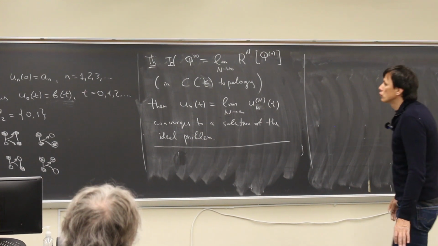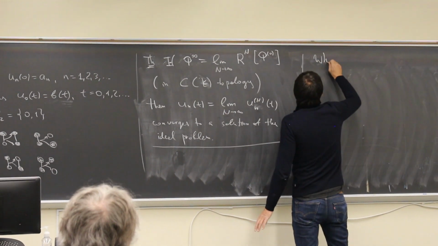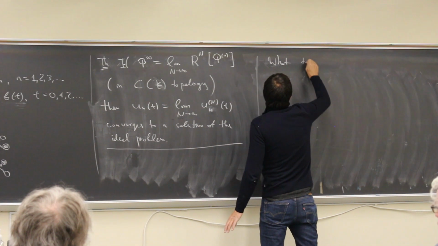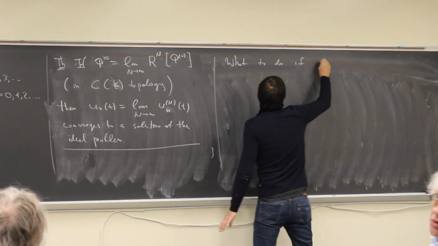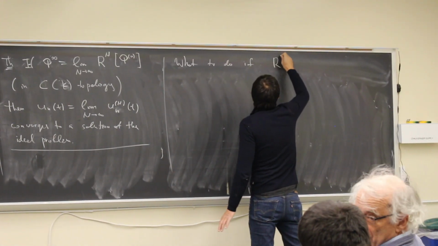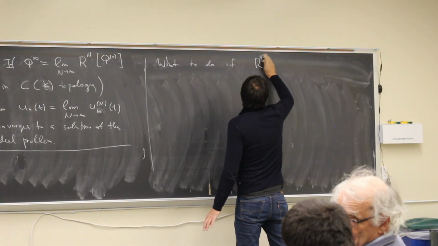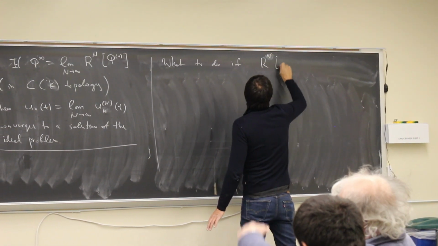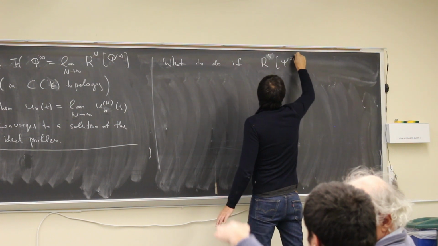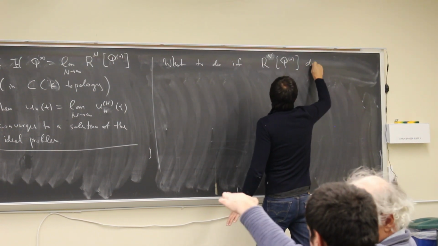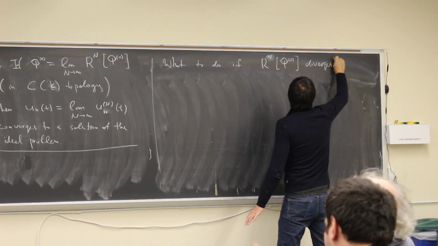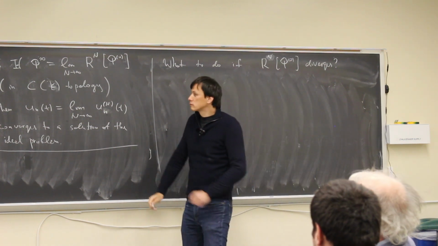So what to do if R_n C_0 phi_0 diverges. Here, in case A, the first thing holds.